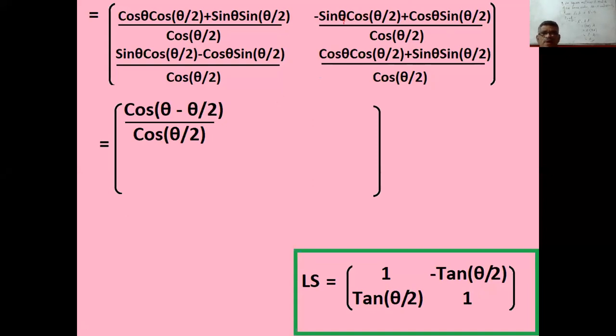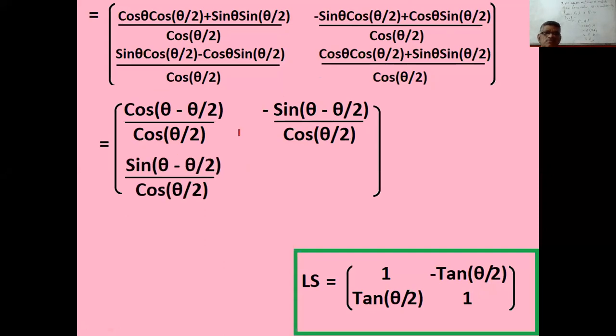Here we write minus of sin theta minus theta by 2. And here we write sin A cos B minus cos A sin B, sin theta minus theta by 2.